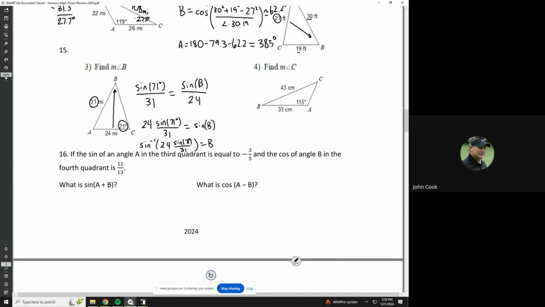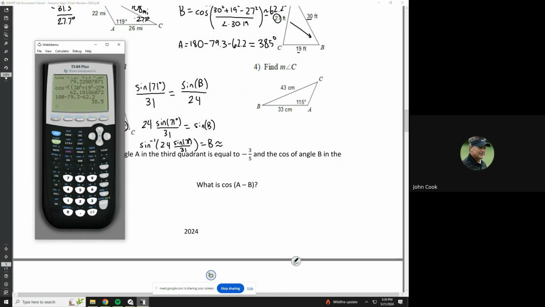And that'll be my B value. All right, so let's see what that's going to be on my calculator. So sine inverse, 24 times the sine of 71 divided by 31. All right, so it looks like I get an angle measurement of 47.055. So let's say 47.1 degrees. Okay, that's the only thing that we had to find.